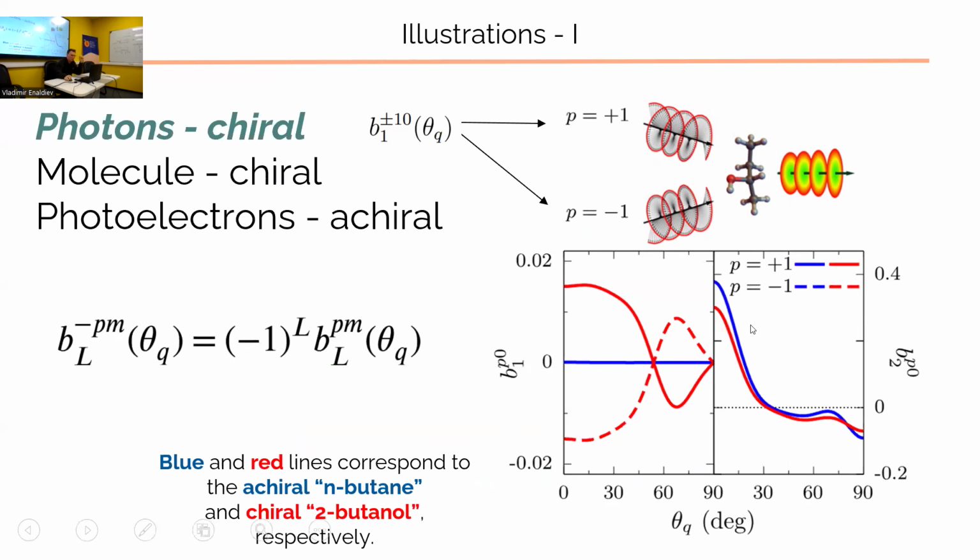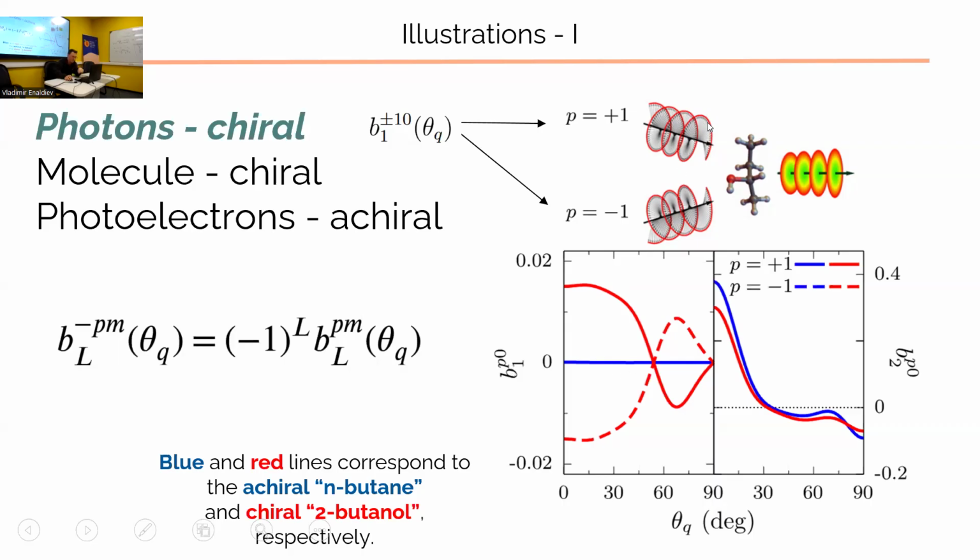And let's consider, for example, that we change the chirality of the photon. So consider two processes. We have an ensemble of molecules, a non-chiral photoelectron, and a photon with left polarization and right polarization. Using this formula, we can connect the B coefficients in the two situations.